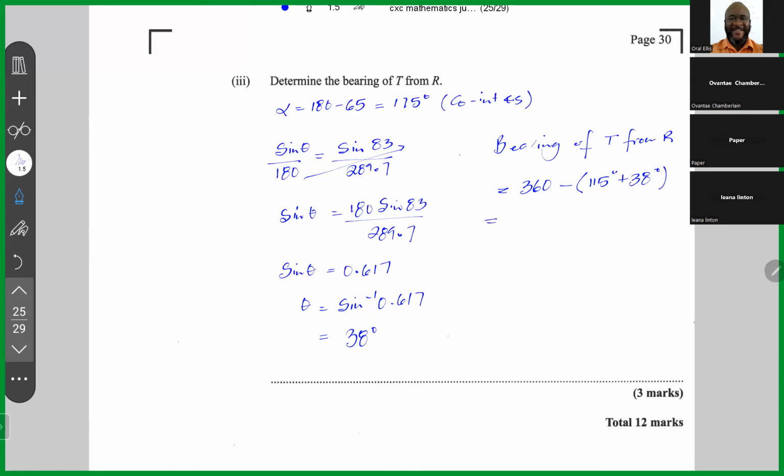This bearing is 360 minus 153. The bearing is 207 degrees. The bearing of T from R is 207 degrees.